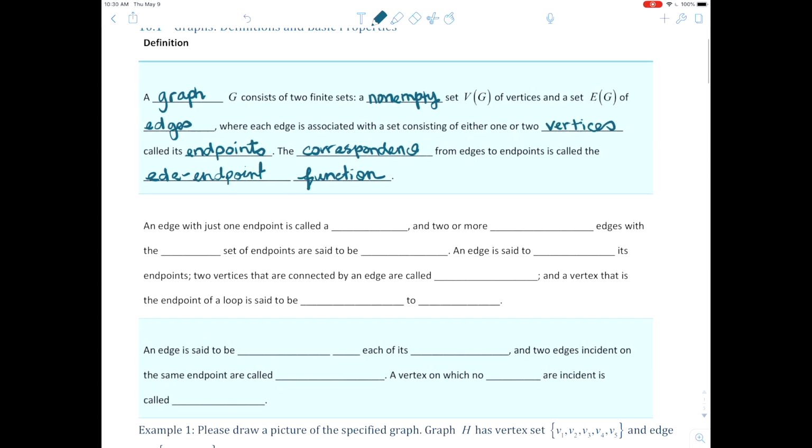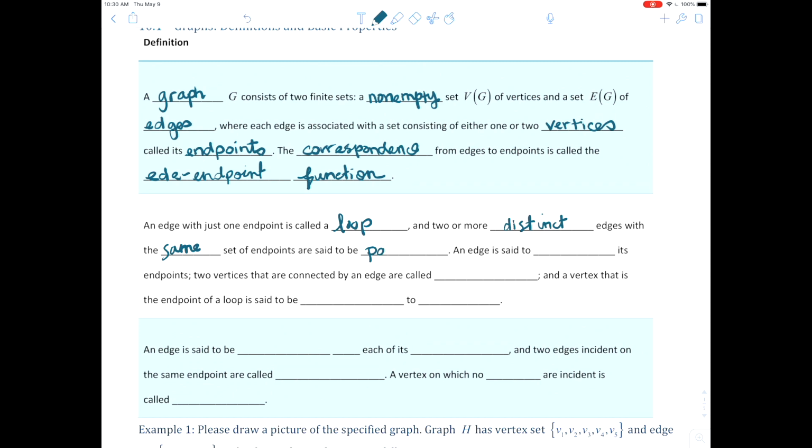An edge with just one endpoint is called a loop, and two or more distinct edges with the same set of endpoints are said to be parallel.